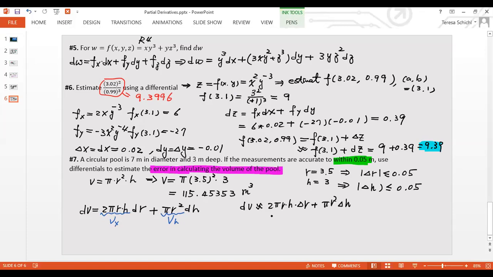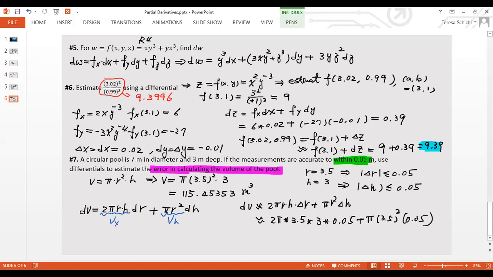Now plug in: r is 3.5, h is 3, the error for r is 0.05, plus pi times 3.5 squared times delta h, which is 0.05.